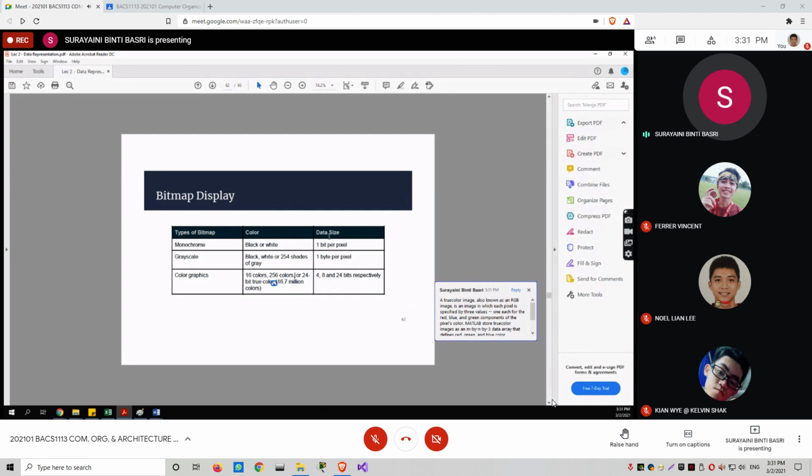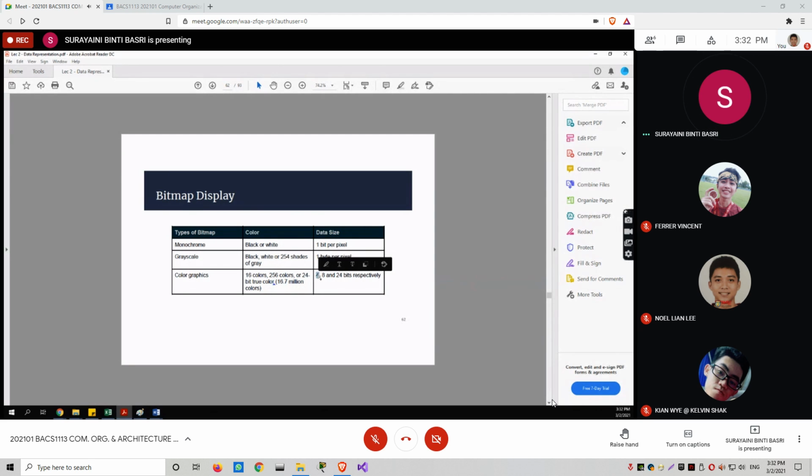Okay, so for the data size, each pixel can hold from 4 bits of data up to 24 bits of data. The 24 bits belong to this type of color graphics bitmap.